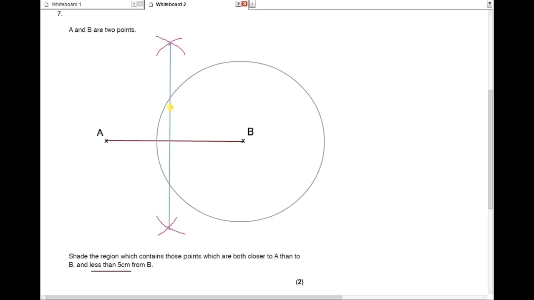So you are just going to focus that the distance from this point to this point is 5 centimeters.